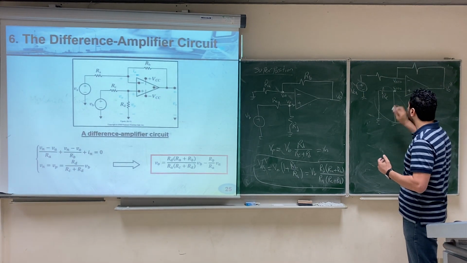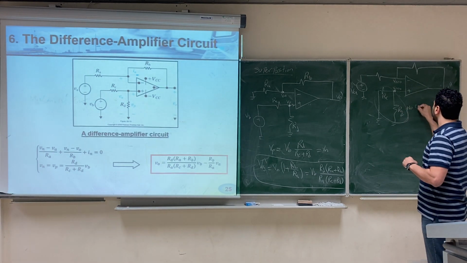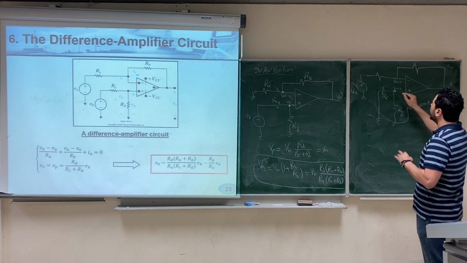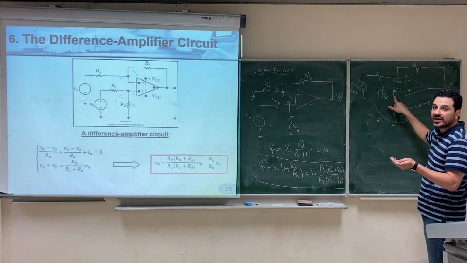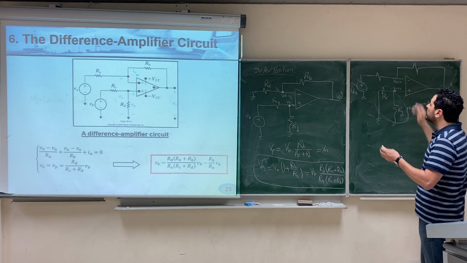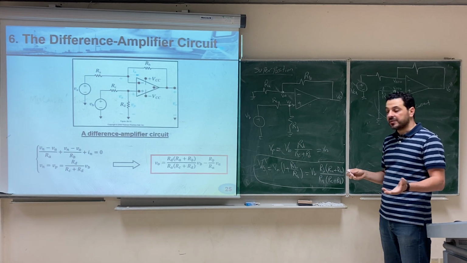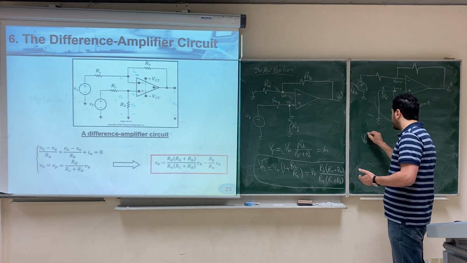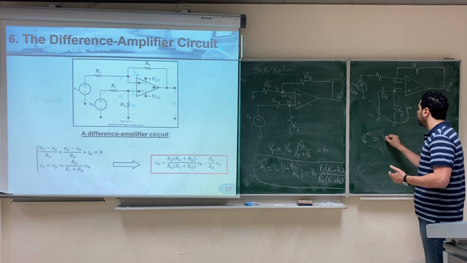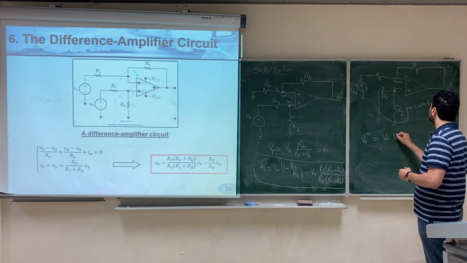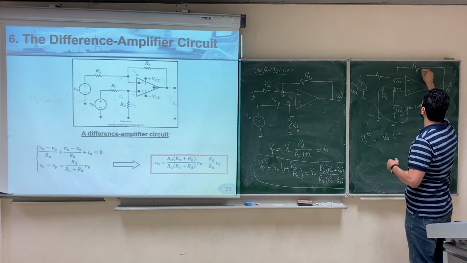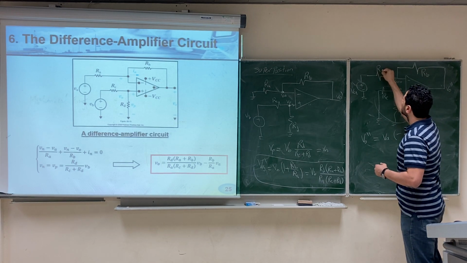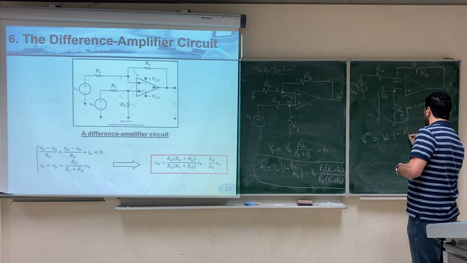So we can say, since this is very similar to connecting this directly to the ground, the output, V output double dash, will be equal to VA multiplied by minus RB over RA, where RB is the feedback resistor and this is RA.